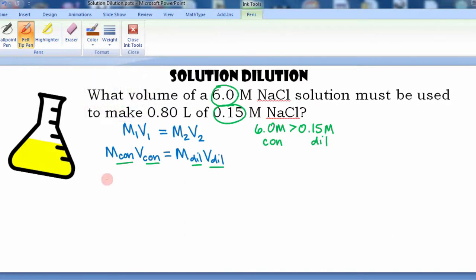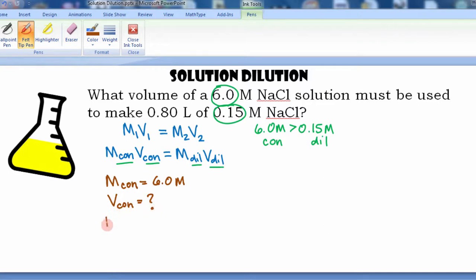So let's come here and let's write out what we know. We have the molarity of the concentrated is equal to 6.0 molar. The volume of the concentrated, so that is unknown. We don't know that.